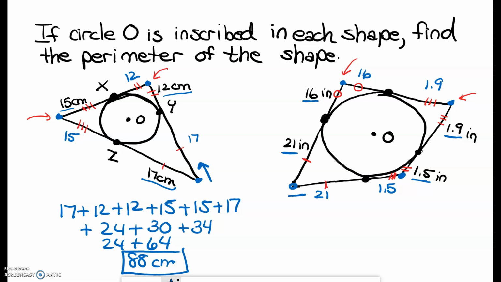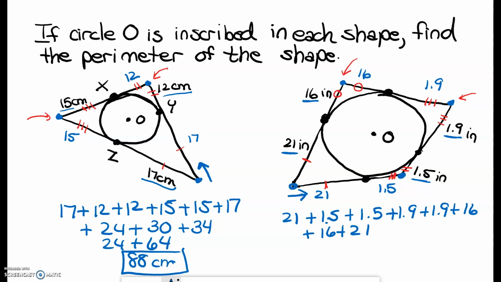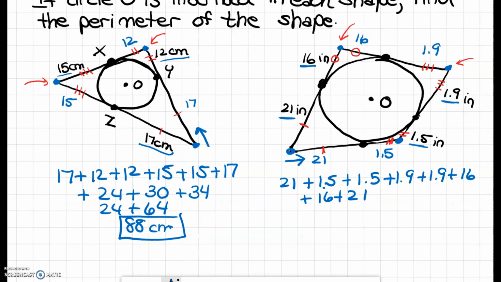So I'm going to start here, and I'm going to walk around my circle. I get 21 plus 1.5. When I turn the corner, I get 1.5 plus 1.9. When I turn the corner, I get 1.9 plus 16. When I turn the corner again, I get 16 plus 21. So what do I get when I add these numbers up?